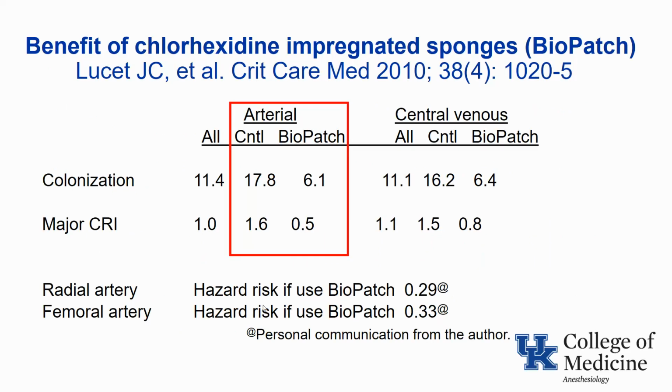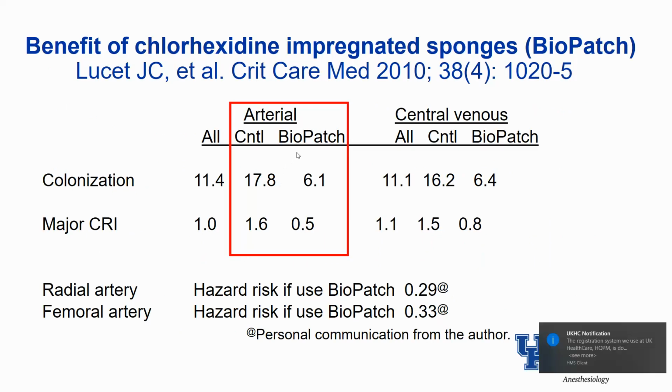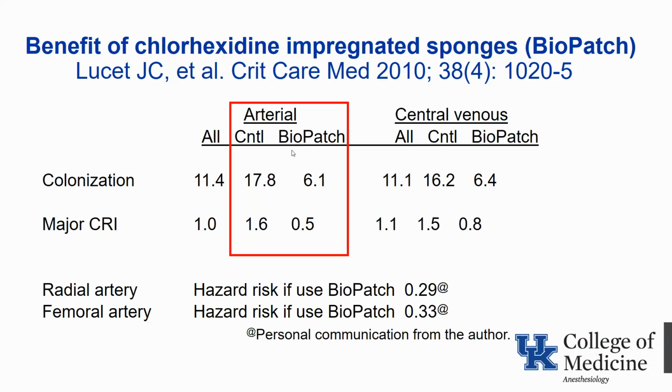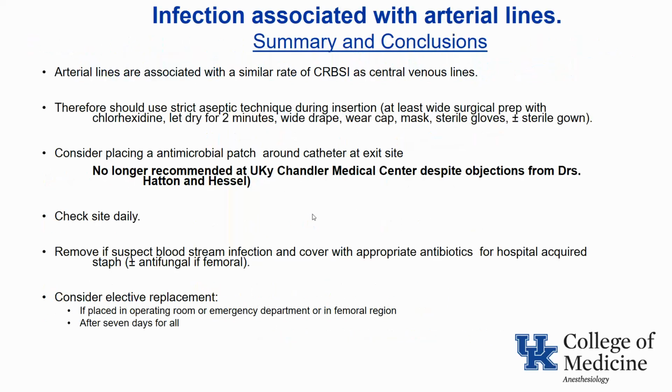There is also strong evidence that the use of antimicrobial patches will decrease the incidence of colonization and major bloodstream infections associated with arterial lines, as well as it does with central lines.